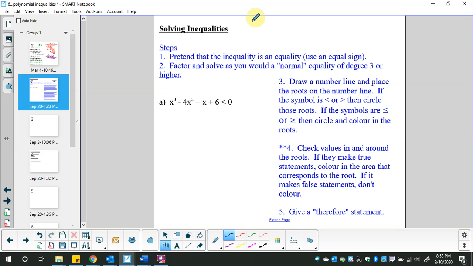If you have this symbol or this symbol versus this symbol or this symbol, this one is a less than sign, and this one is a greater than sign.